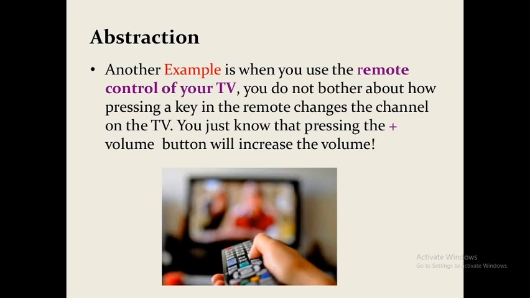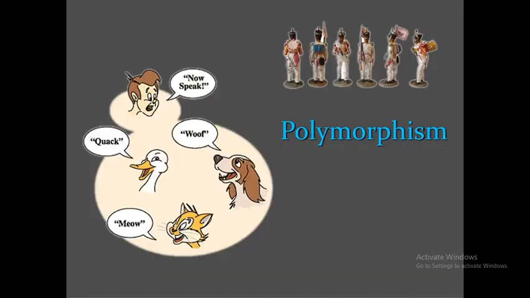That is again abstraction. We have so many options on the remote, but the remote abstracts what the user requires. If the user wants to increase the volume, only the volume is increased, rather than changing the channel or setting the color or the echo. That is abstraction.